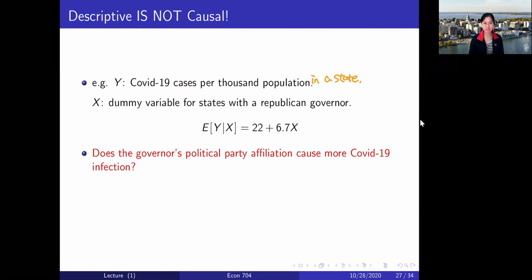What's the interpretation for that? The interpretation is that states with Republican governors have on average 6.7 cases per 1,000 more than states with a non-Republican governor.